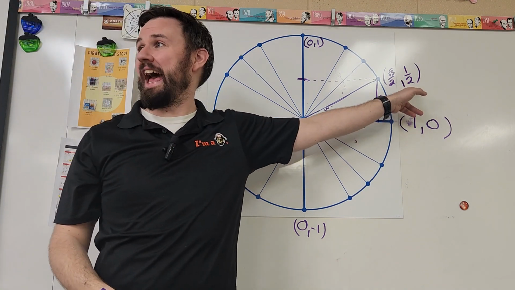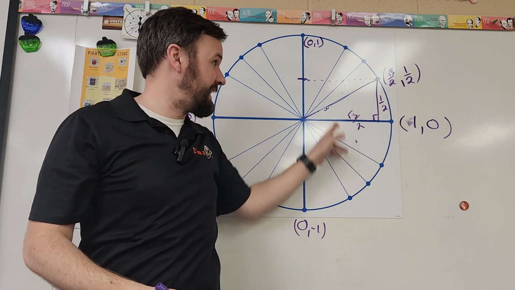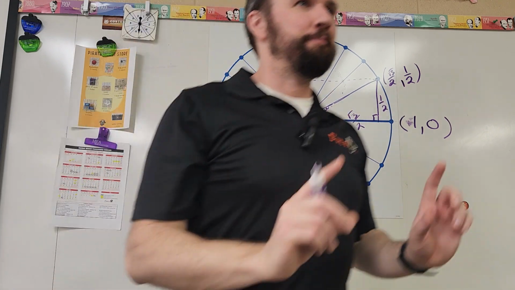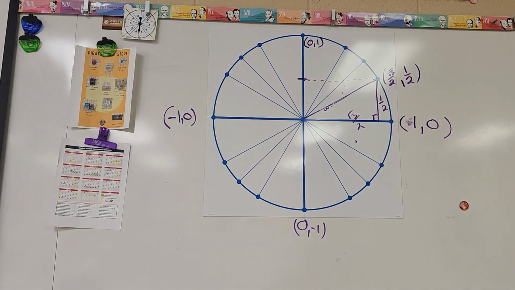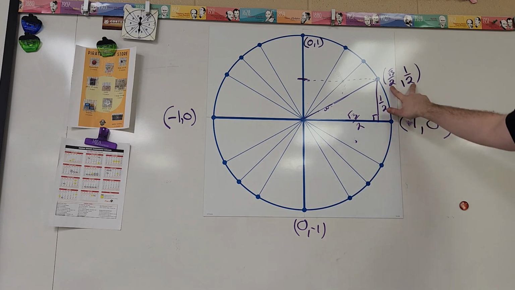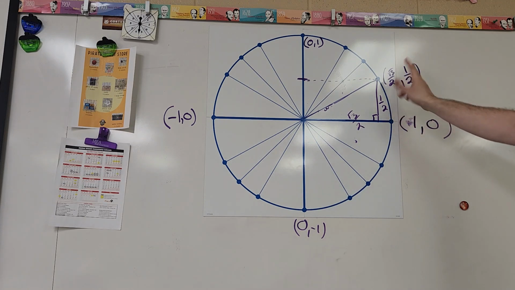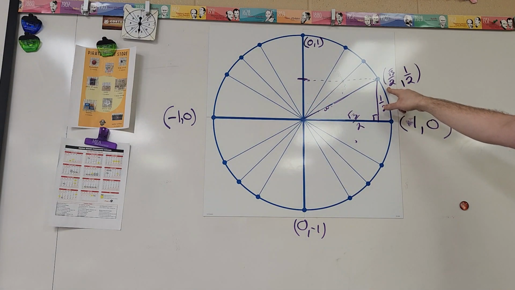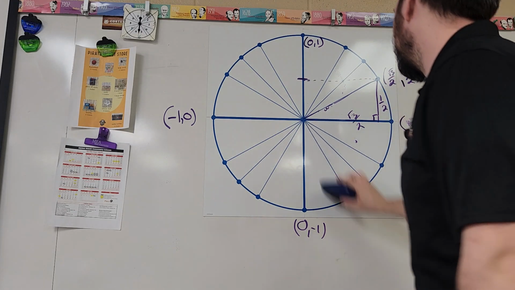So I know my y is a half. And my x does not cut it in half. So it's my root 3 over 2. 65, 70% of the unit circle is these 2 points in different orders and negative positives. So if you just know that if one's half, the other one's root 3 over 2. Okay? Trust me, once we get going, it's going to kind of come together.